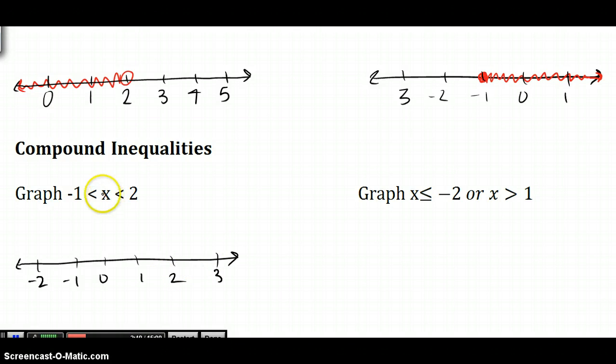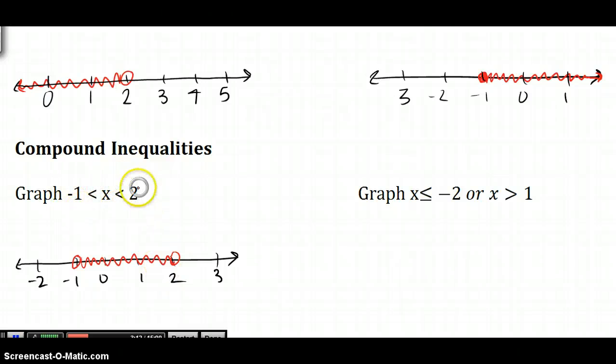So when we go to graph this, both of these signs are just less than. They're not less than or equal to. So our circles are going to be open because it cannot equal -1 or 2. And then you're going to shade in between because x is in between these two. X has to be less than 2, which we are, and greater than -1, which we are.